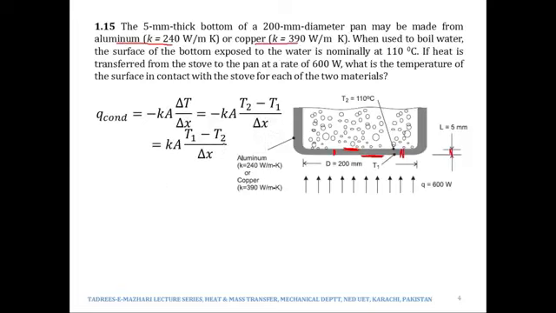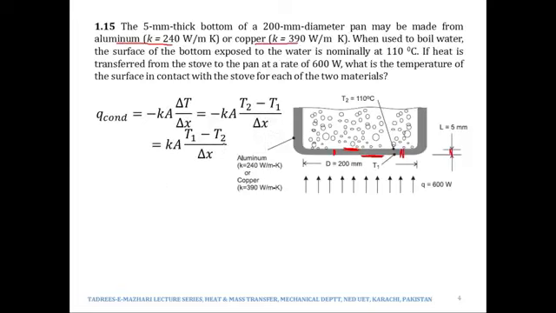Now over here we are given Q as 600 watts, K, if we work it out for aluminum first, is 240. Area, now A is the area which is normal to the direction of heat flow. Since this is the direction of heat flow, of course the circular pan, because it has a diameter of 200 millimeters, so the bottom is circular, the area of that circular pan would be normal to the direction of this heat flow or heat flux.